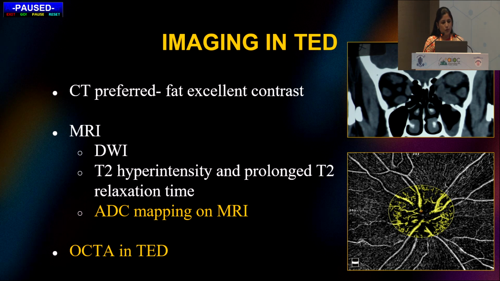CT is the preferred modality, wherein fat serves as an excellent contrast material. MRI with diffusion-weighted imaging and T2 hyperintensity and prolonged T2 relaxation time helps in denoting the activity of the disease in previously treated disease, and also absolute diffusion coefficient mapping is also useful to denote the activity of the disease. Nowadays, OCT angiography in TED is gaining momentum.